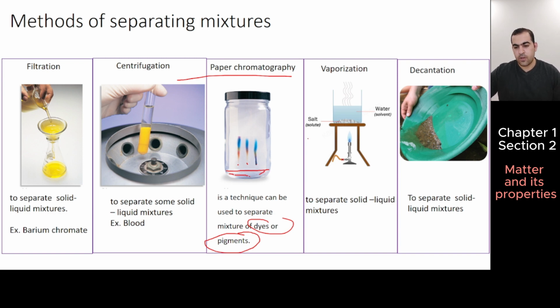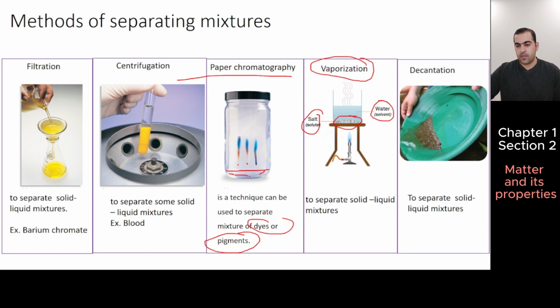Okay, so vaporization is very easy. It is used for homogeneous mixtures. Sorry, paper chromatography we also use for homogeneous mixtures. For example, we have salt water, you boil the salt water, the salt is left behind, and the water is going to become gas, because the one that has the lower boiling point boils first, and the salt has a high boiling point, meaning it doesn't boil at low temperatures, it needs very high temperature.